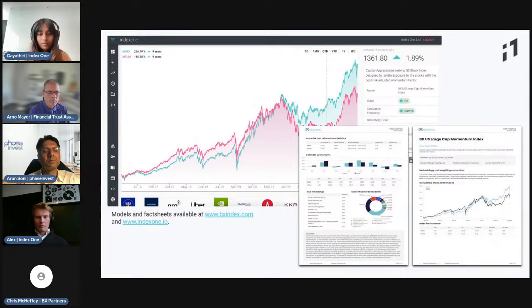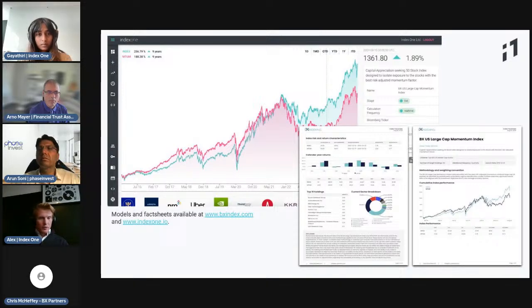One key benefit of using our platform is our partners like Arun and Arno don't need to reinvent the wheel as it comes to gathering historical data and running the index in a live setting. We're focused on that, and they're focused on doing the factor research and building these models.